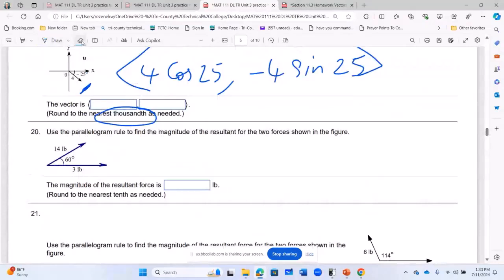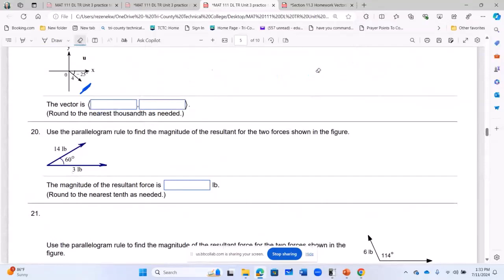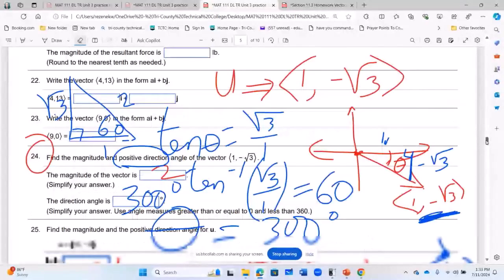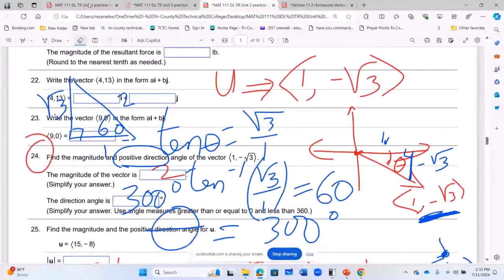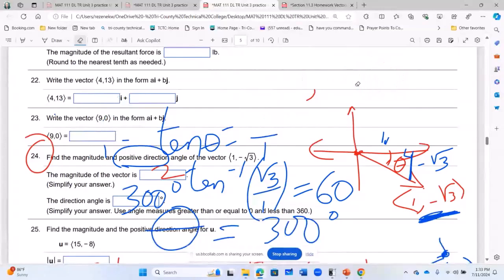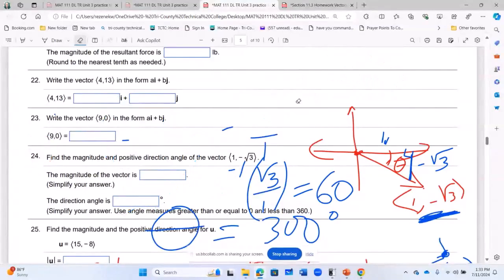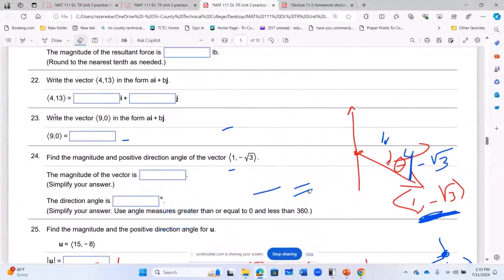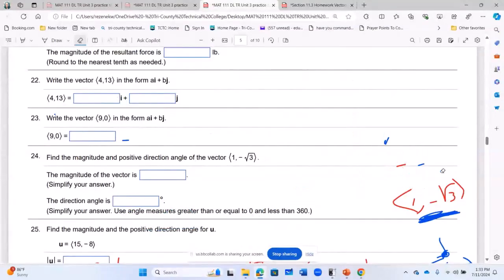We haven't actually done Heron's formula. We're going to get to Heron's formula because it is in the test. Half AB sin C is in the test. Parallelogram law is in the test. So I just want to make sure we do one of each. That way you can remember that.